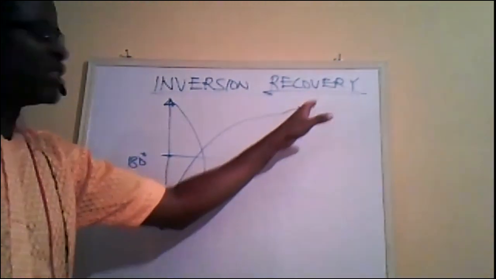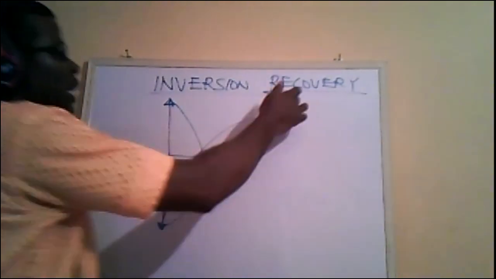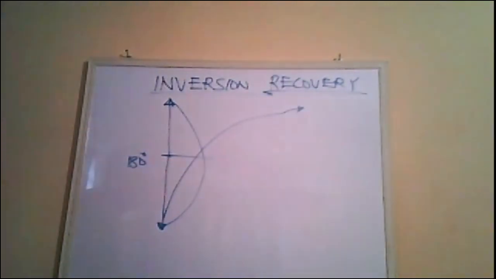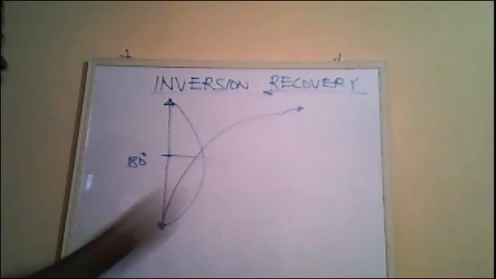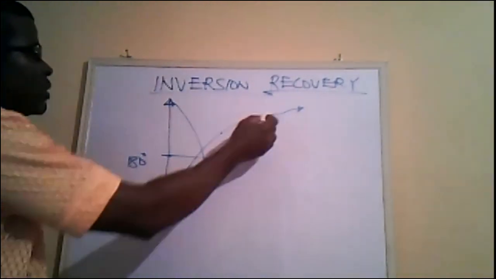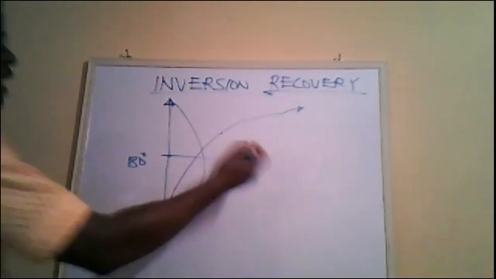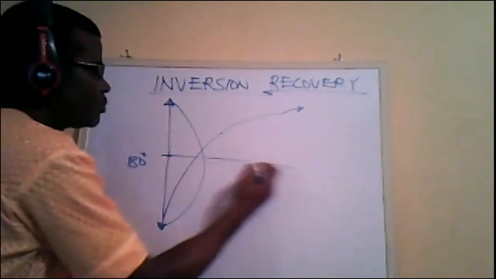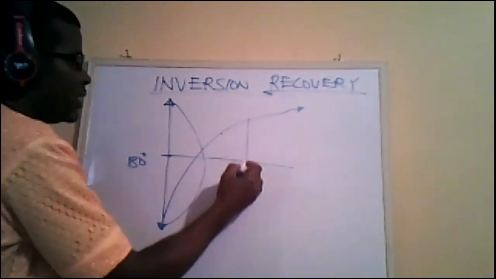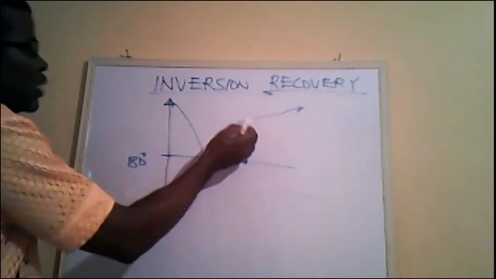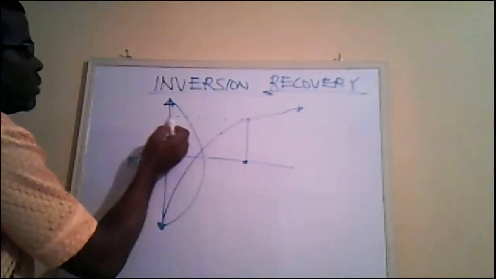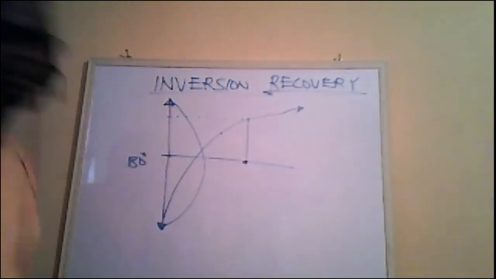You only have magnetization along the transverse plane when you now apply a 90-degree pulse at any point in time. It could be at this point, it could be at this point, and so on and so forth. Whatever time we apply a 90-degree pulse, we are going to have a particular amount of longitudinal magnetization.